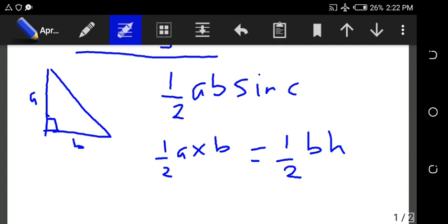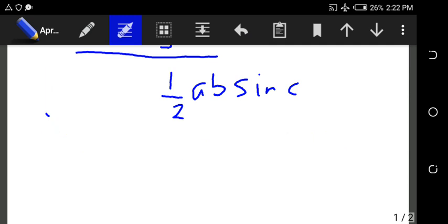Let me give an example. So let's say we have a triangle here with given sides. Here could be 3 units and here 5 units, and in between we'll have an angle of 30 degrees. Now, how do we solve for this triangle?